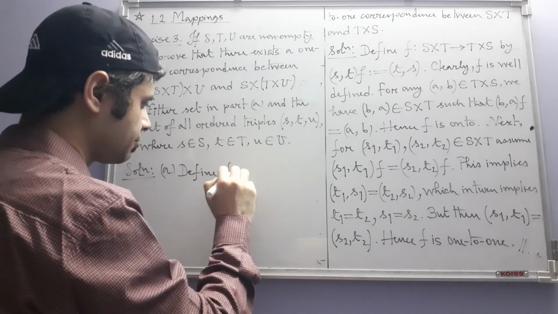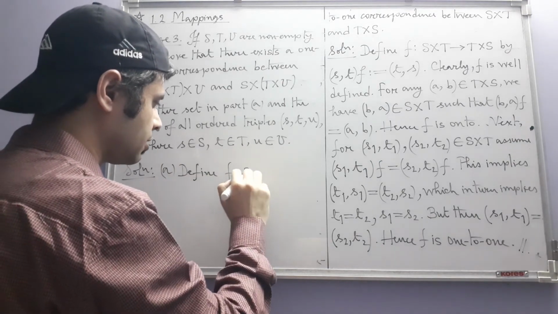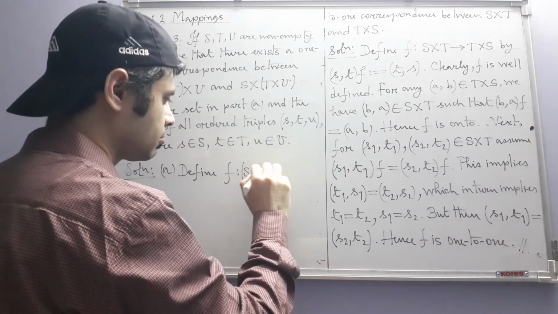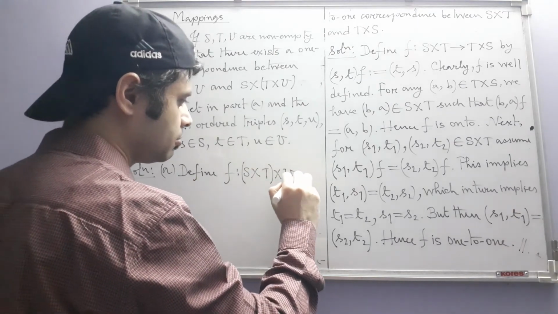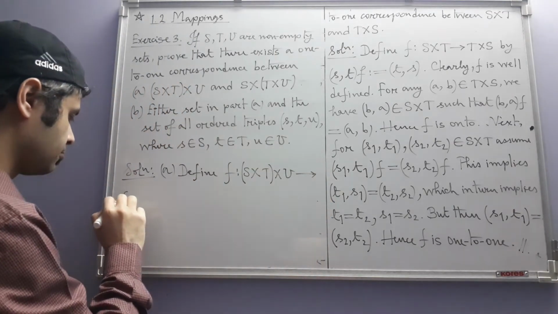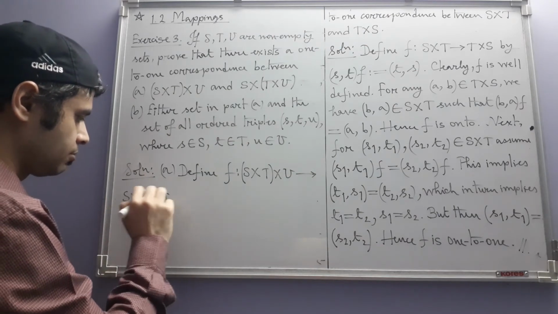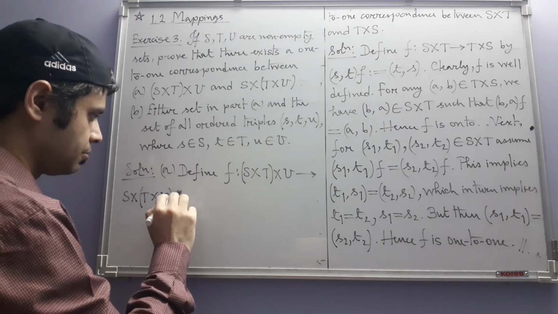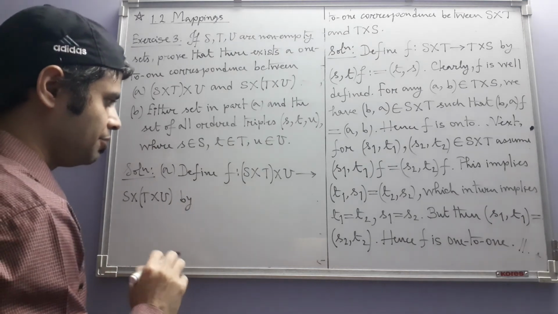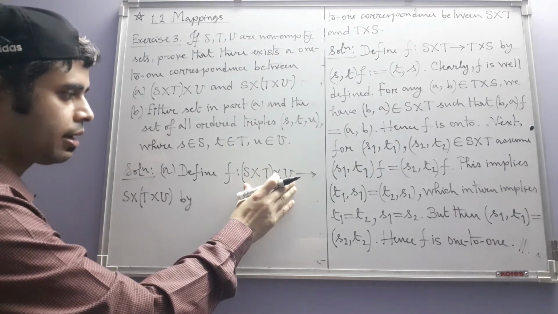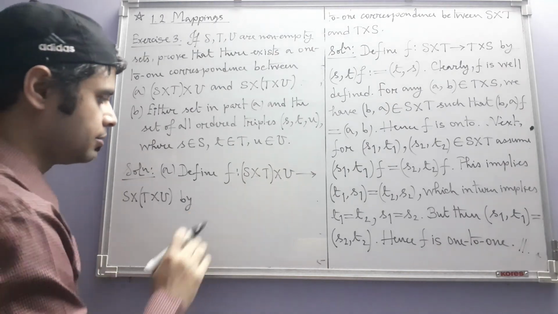Define a function or a mapping from S cross T cross U into S cross T cross U by, be very careful in writing an arbitrary element here.